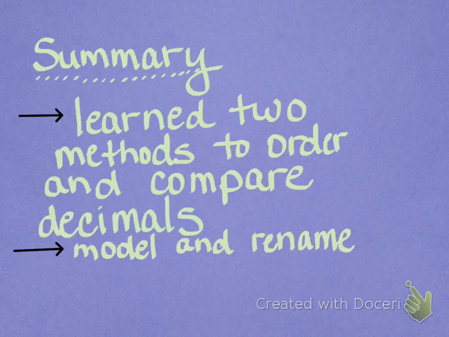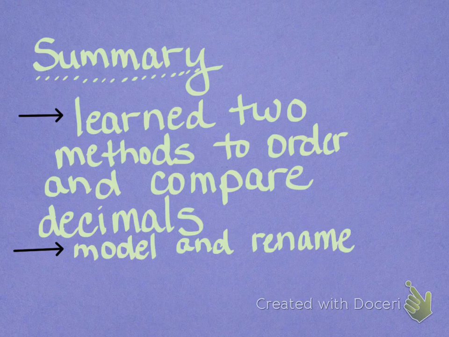So to summarize, you learned 2 methods to order and compare decimals. The first one was to model with base 10 blocks, and the second one was to rename so that they all had the same number of digits in the same columns using T-charts. In my opinion, I think the T-charts are the better way to go. It's a lot faster.